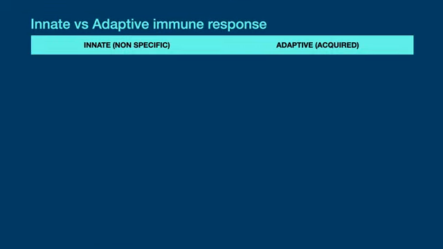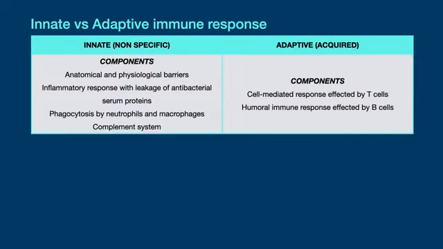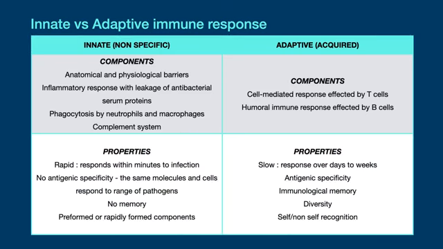This table explains the differences between an innate, which is non-specific, and an adaptive, which is acquired immune response. In an innate immune response, there are anatomical and physiological barriers, inflammatory response with leakage of antibacterial serum proteins, and phagocytosis by neutrophils and macrophages, as well as the complement system.